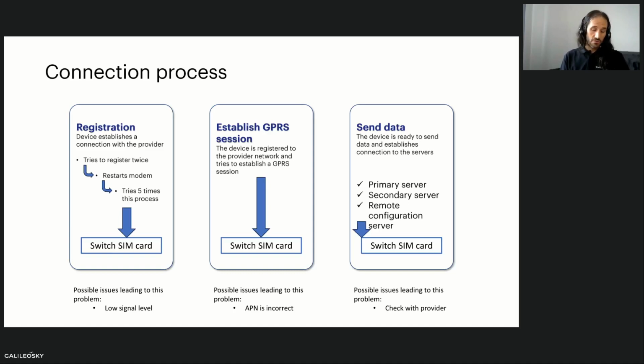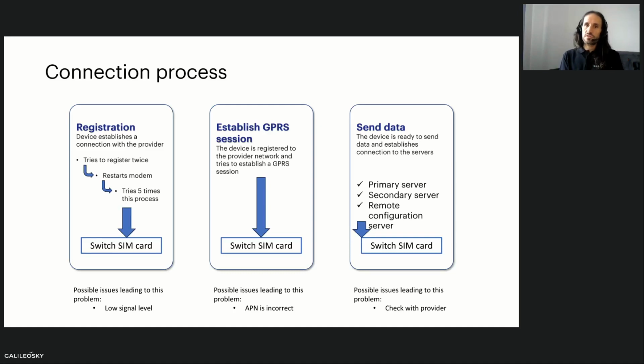But in general, if the card is active and the provider just gave you the card, it's a new one and everything, you will see this kind of behavior when the signal level is low, okay? Or you have a bad connection, or some problems with the antenna, or maybe some interference. But in general, we can talk about problems with the signal.